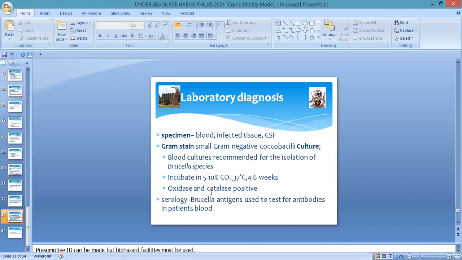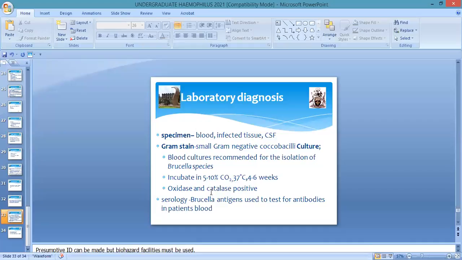Once you put it in a blood culture bottle, you incubate it in a BACTEC machine, and then you subculture it on a solid medium, which is usually blood agar. On blood agar, you will see non-hemolytic colonies. The incubation would have taken between 4 to 6 weeks, so it takes quite a long time for them to grow on artificial media.